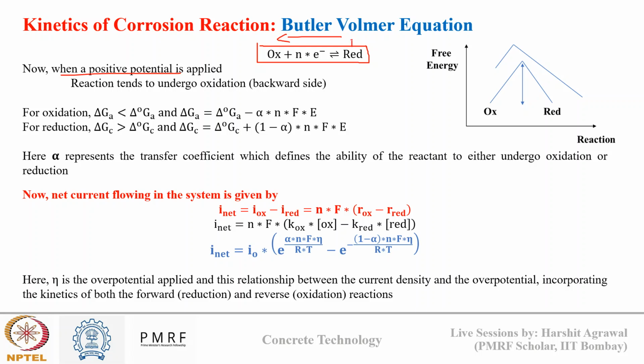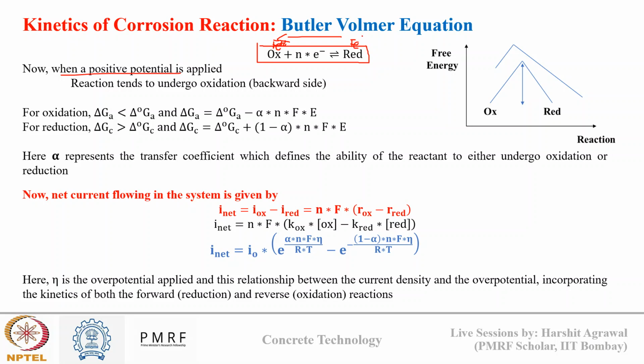Okay, so this is a reduced form, say Fe. This is an oxidized form, say Fe2+. So when we apply some positive potential, we are consuming the electrons, so we are moving the reaction towards the backward side. You can remember this as an easy way to remember the shift of equilibrium: the side which we consume, the equilibrium moves in that direction.